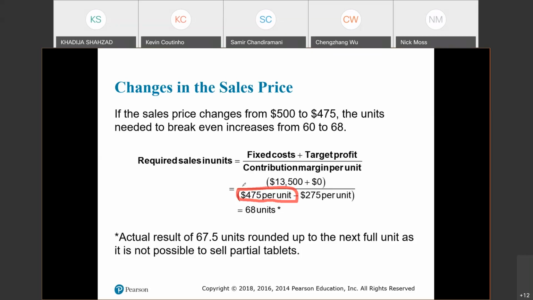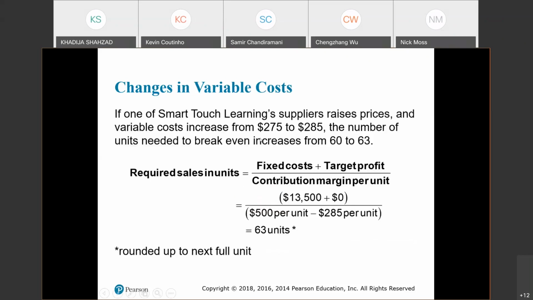Next, let's see how we use the sensitivity analysis to analyze the change in variable cost. Back to the Smart Touch Learning Company's original data. And let's disregard the change made in sales price in the previous example.